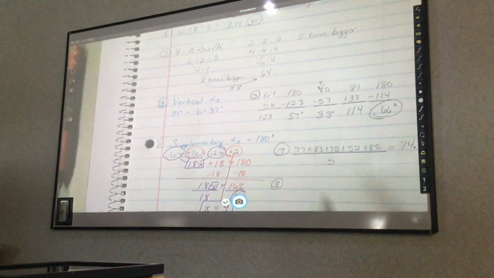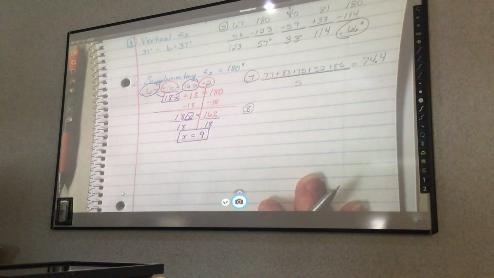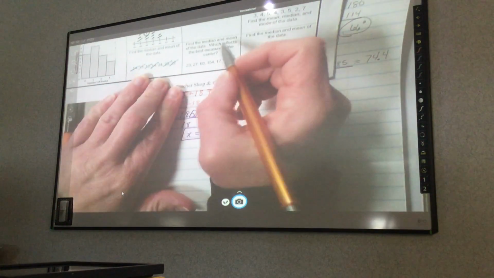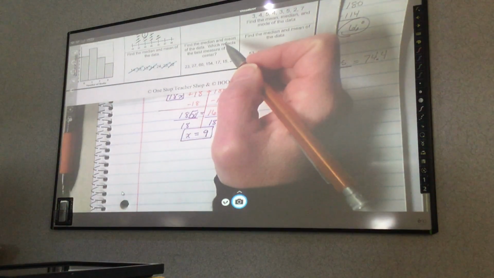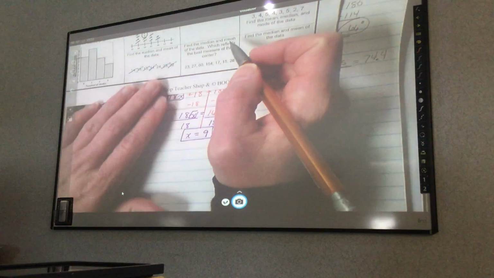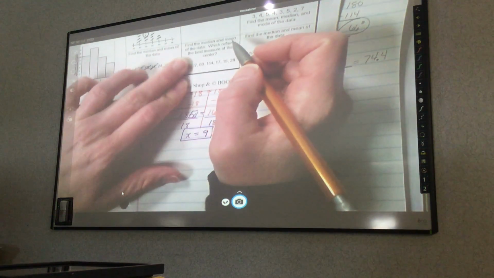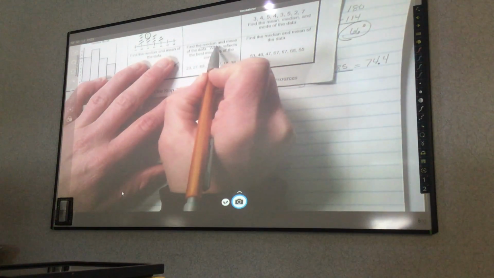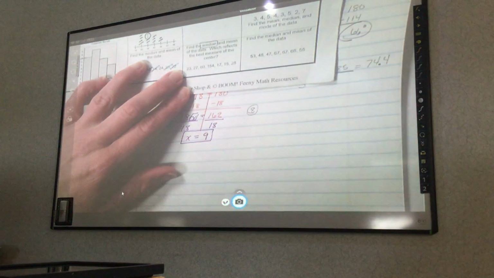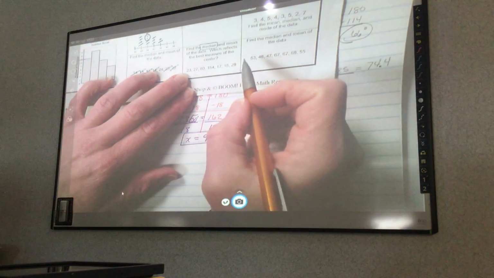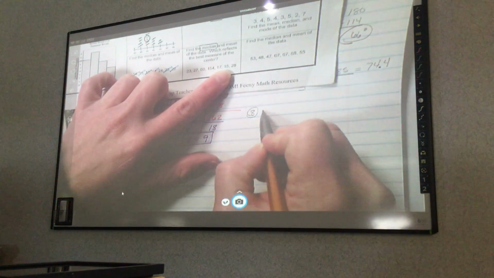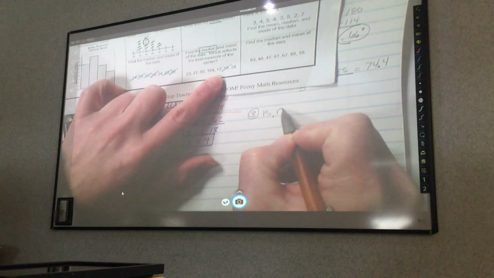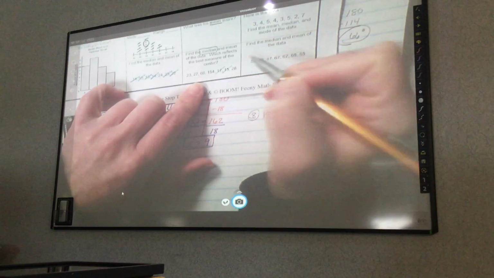Number 8, we had to find the median and mean, which reflects the best measure of the center. Alright, so we've got to find the median first. So when I find the median, I put the least to greatest. So I've got 15. Tell me if I missed something here, guys. 17 and cross it off.